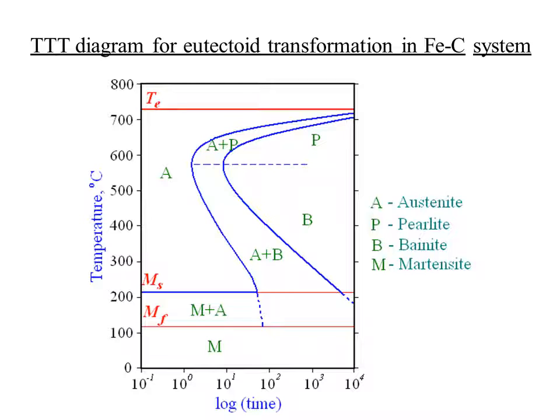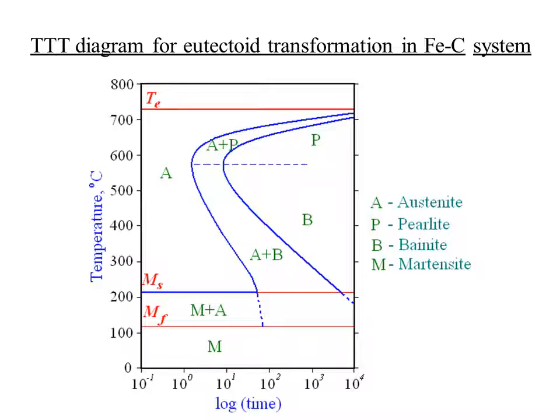So this is the same diagram explained in a different pattern. Here austenite is changed to pearlite, and these lines indicate the extension of the solidus line and the liquidus line. Previously we studied the solidus line and the liquidus line.